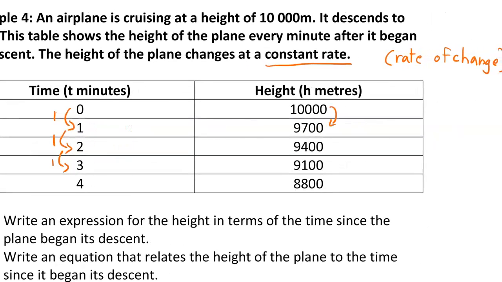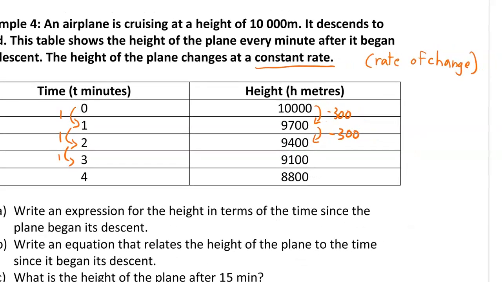Our rate of change for y, or in this case our h in meters, is going from 10,000 to 9,700. So we lost 300, so negative 300, from 9,700 to 9,400. So negative 300. So our rate of change is staying consistent for this question.